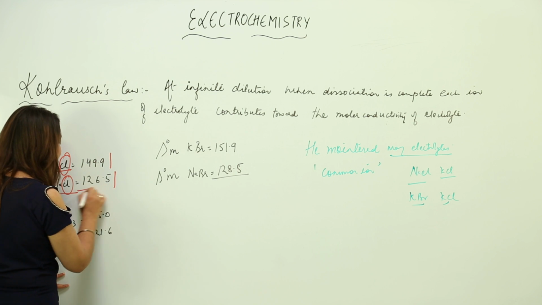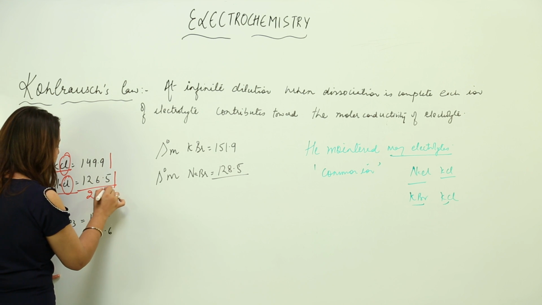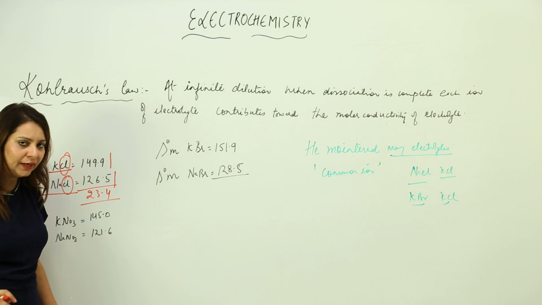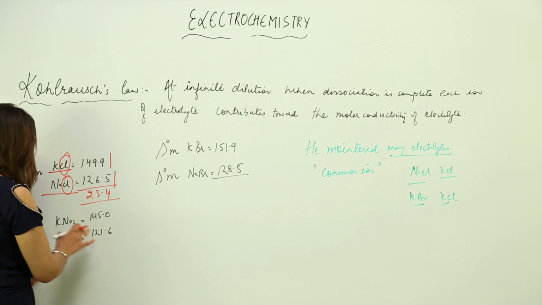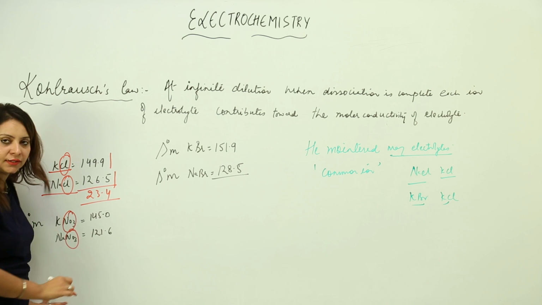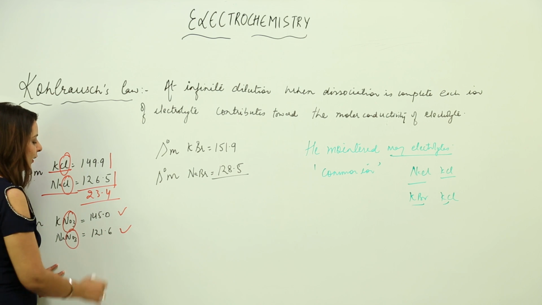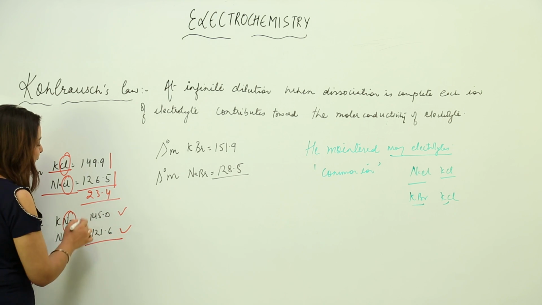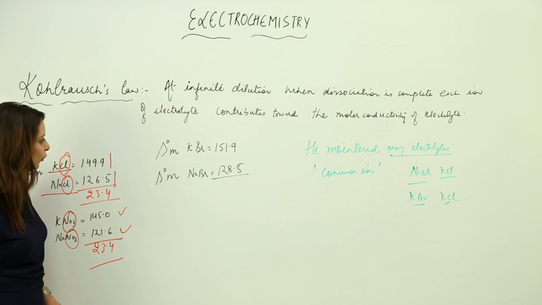The difference comes to 23.4. Now take another pair with a common ion, KNO3 and NaNO3. The common ion is nitrate, and the molar conductivities are 145 and 121.6. The difference again comes out to be 23.4.